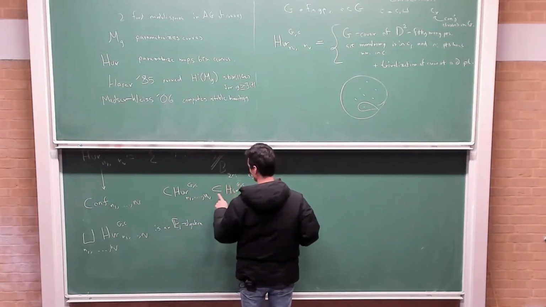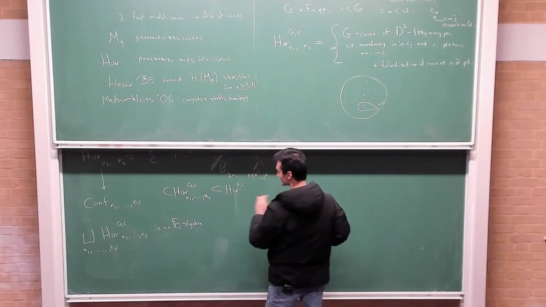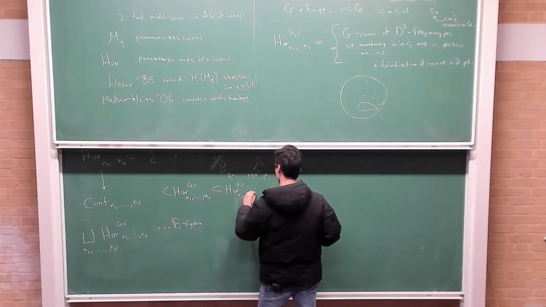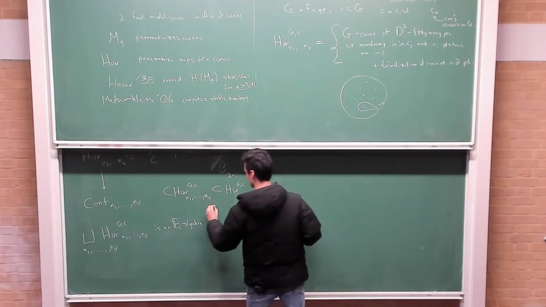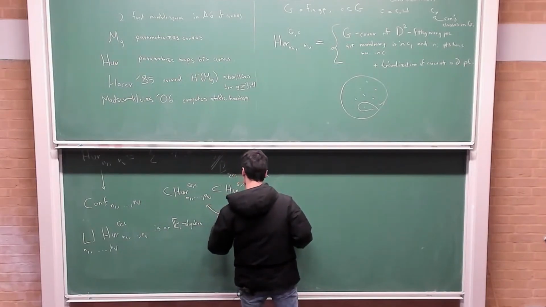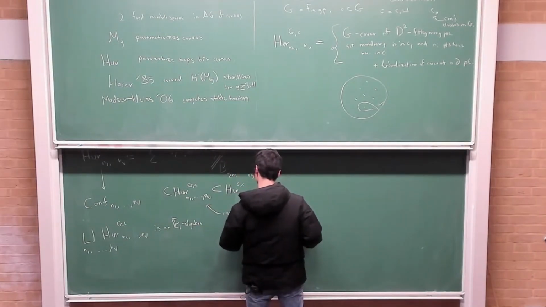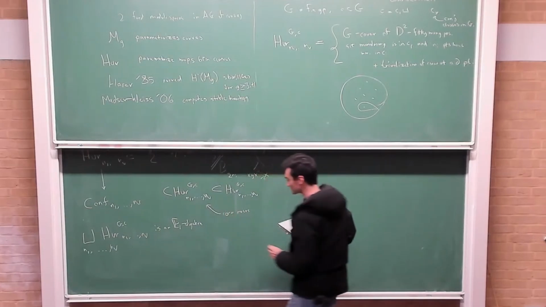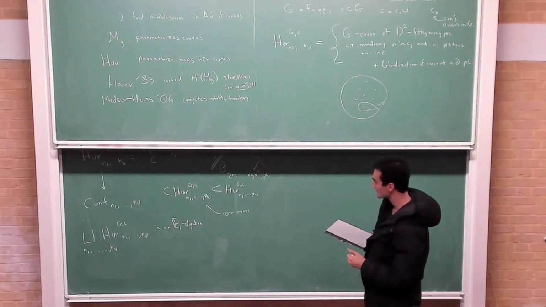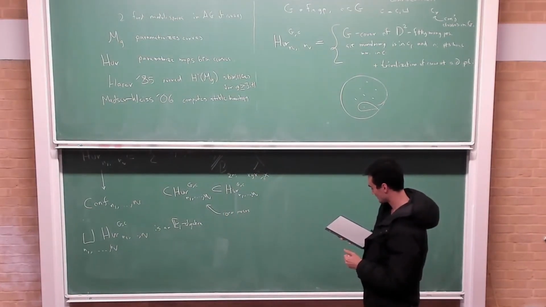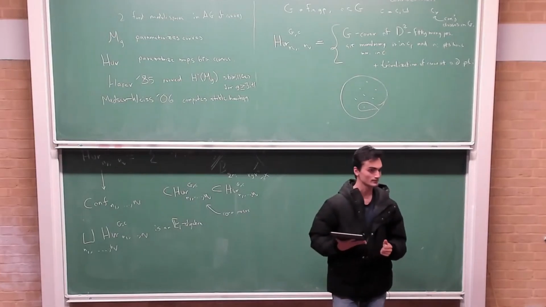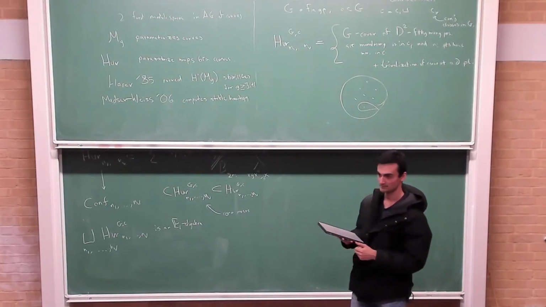So it's just a union of components inside the Hurwitz space consisting of connected covers. Are there any questions about the definition of Hurwitz spaces?